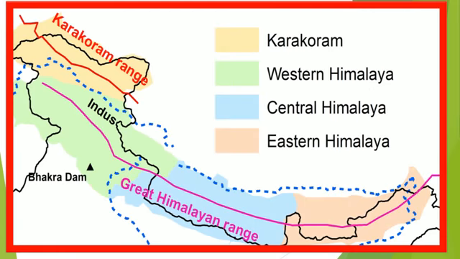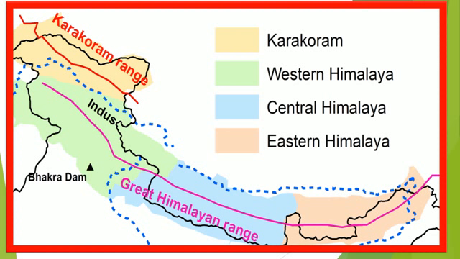Take the first range, which is called the Greater Himalayas. See the map. The purple color line which is being showcased in this map is your Greater Himalayas, which is also called Himadri, as I've told you earlier.